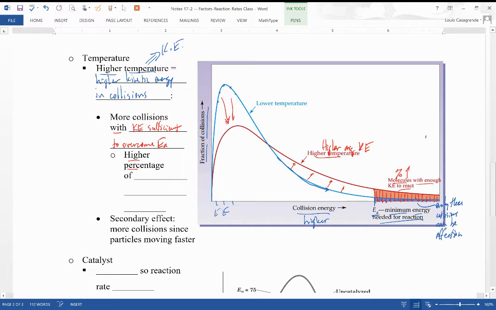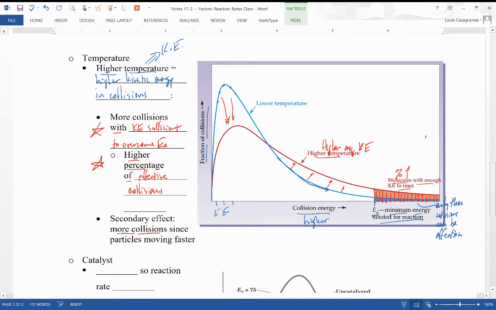So we have a higher percentage of effective collisions. So not only have we increased the speed, we've increased the percentage of collisions that are going to give us enough energy. And as a secondary effect, there are also more collisions since the particles are moving faster, but this higher percentage is really the primary effect.